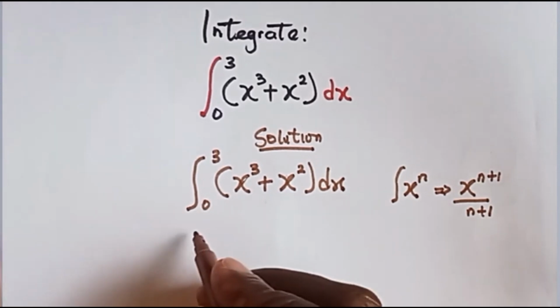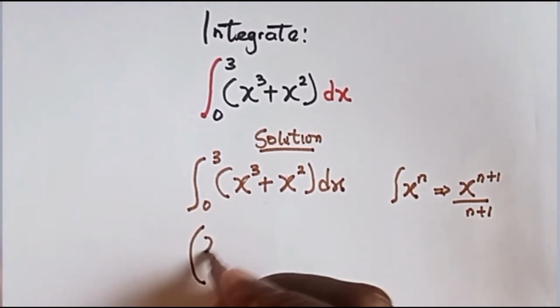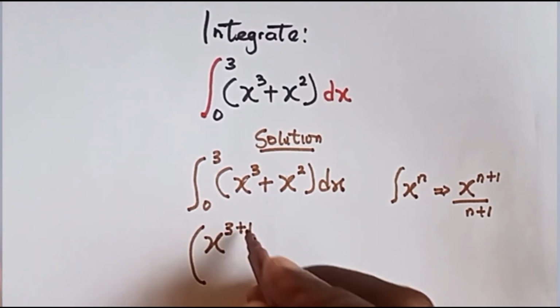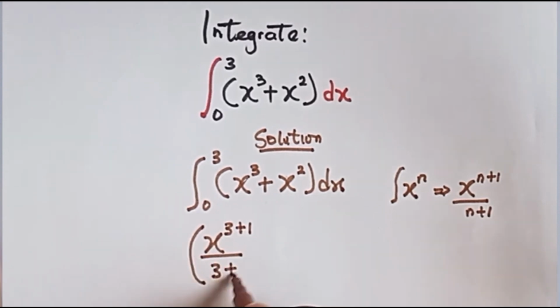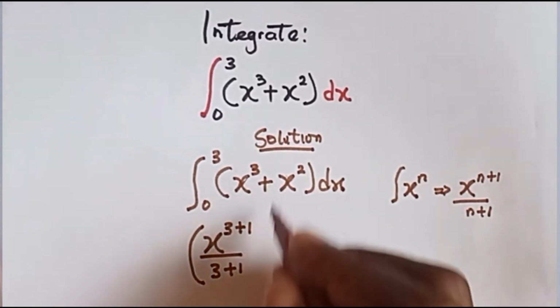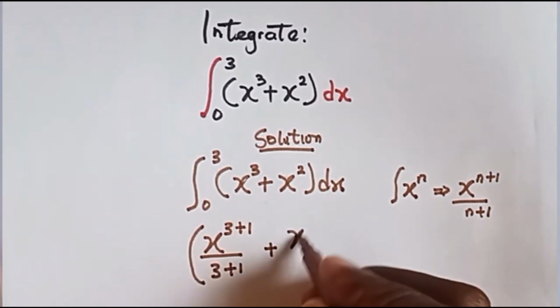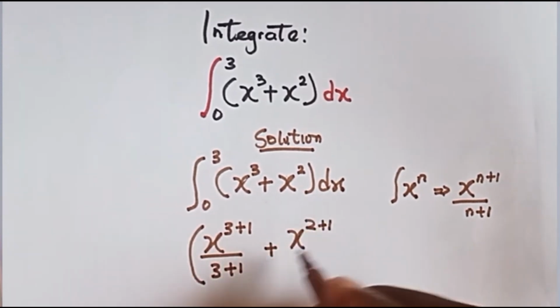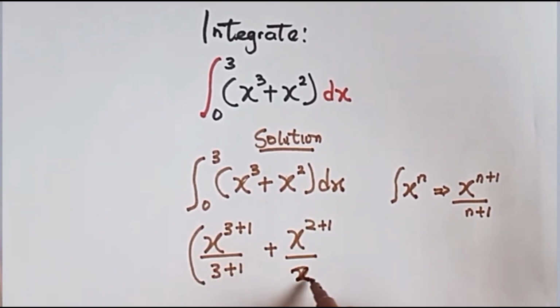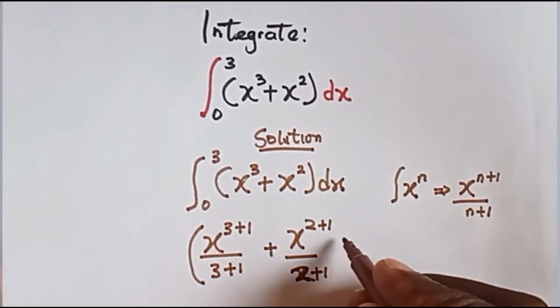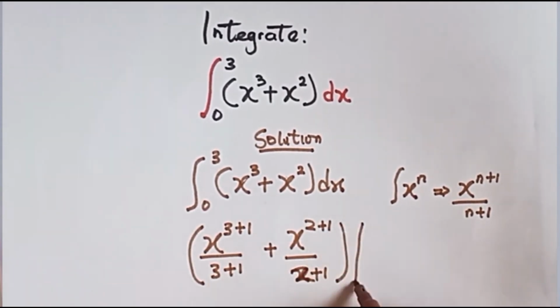So we have x^(3+1) over 3+1, plus the other one, x^(2+1) over 2+1. Then we have the range, 3 and 0.